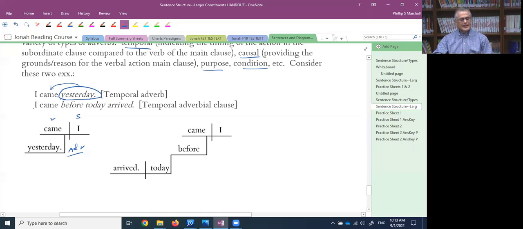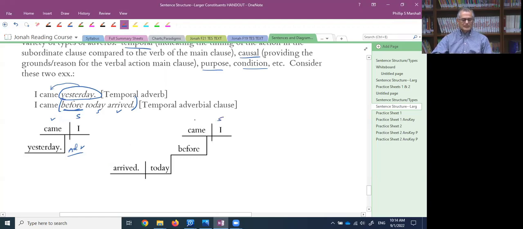Now, the next sentence, I came before today arrived. This expression, before today arrived, is not just a simple adverb. It's a whole clause functioning like an adverb. How do I know it's a clause? Because today arrived is a subject and a verb, isn't it? My subordinating conjunction is the word before. That subordinating conjunction tells me that it's a temporal sort of adverbial notion.